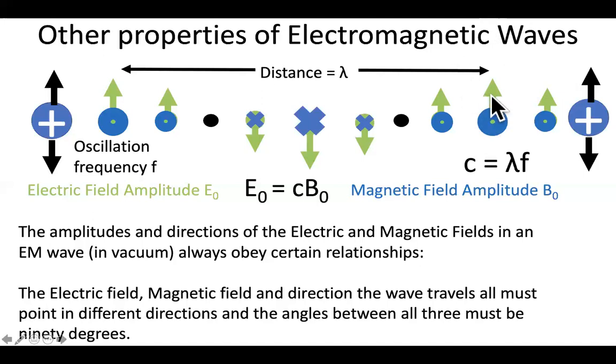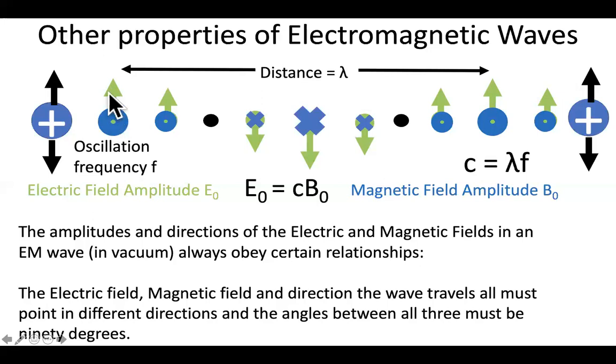You cannot have any component of this oscillating electric field, if it's part of the wave, pointed anywhere but 90 degrees from the direction the wave itself is propagating. The magnetic field can't do that either. And both the electric and magnetic fields have to make an angle of 90 degrees away from each other. I could not draw an electromagnetic field, or sorry, I can draw an electromagnetic field where these rules aren't obeyed, but it won't be a proper electromagnetic wave.